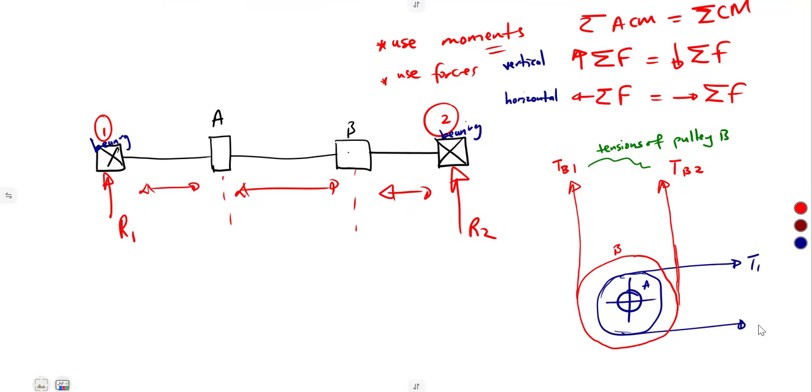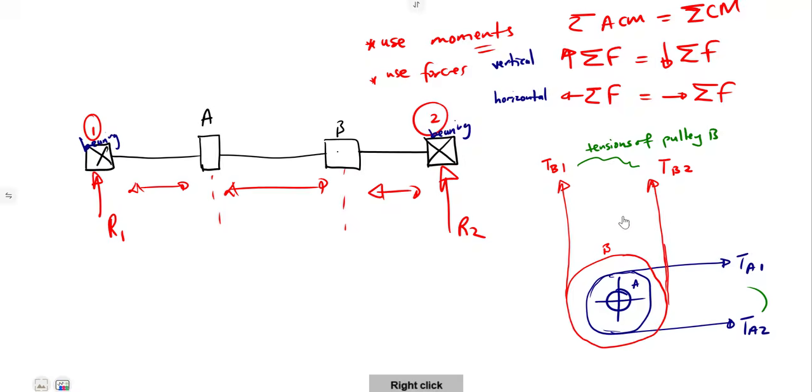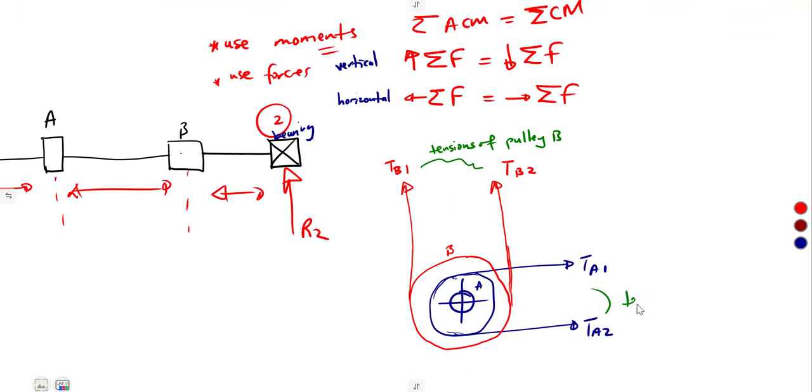Maybe this is your T1, this is your T2. For A, it is going to be TA1, the tight side, and TA2, the slack side. So these are the tensions of pulley A.